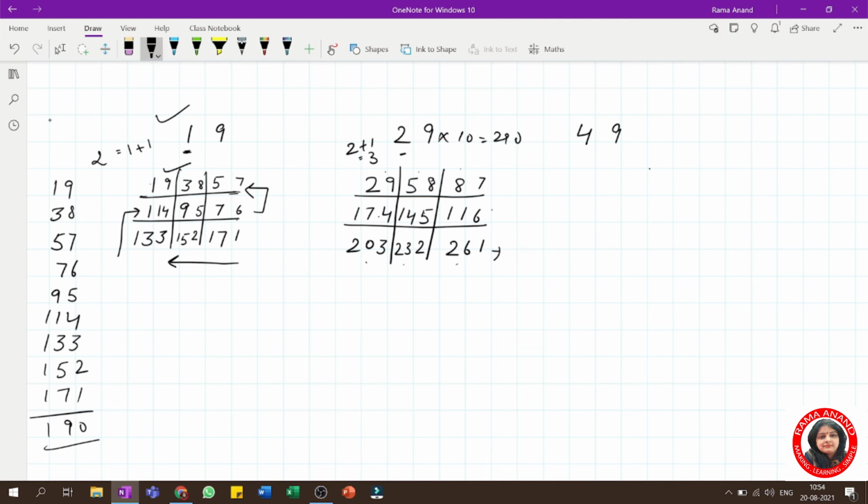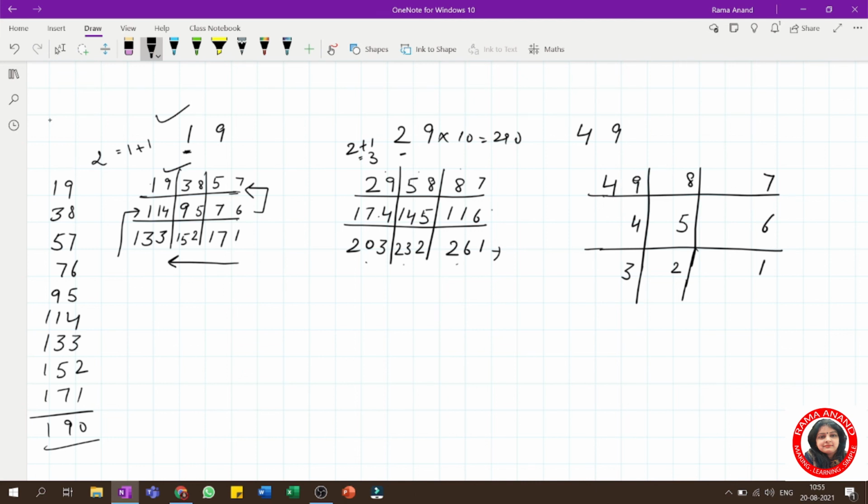So let's do 49 also. This time I have created a big grid. So 1, 2, 3, 4, 5, 6, 7, 8, 9. Just write 4 over here as it is. 4 plus 1 is 5.